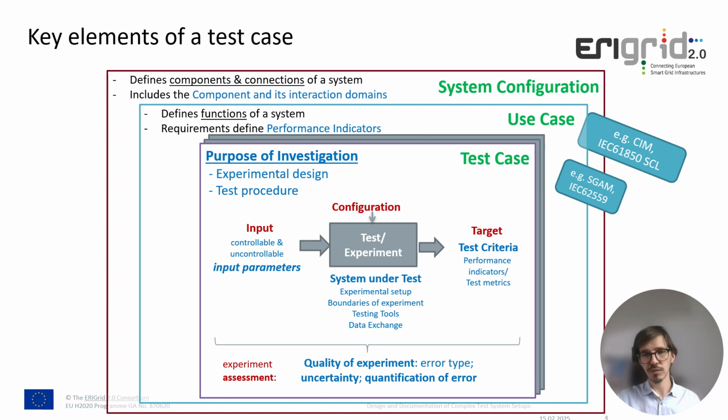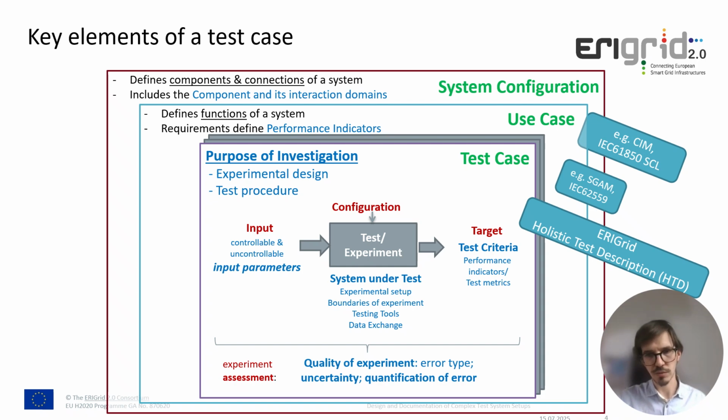We also should handle a configuration of the specific test and also measure and assess the quality of experiments, considering uncertainty and errors. All of these aspects are quite orthogonal to the previous items, but they have to build on top of it. So there is some complexity here, and therefore we would propose the AeroGrid holistic test description.